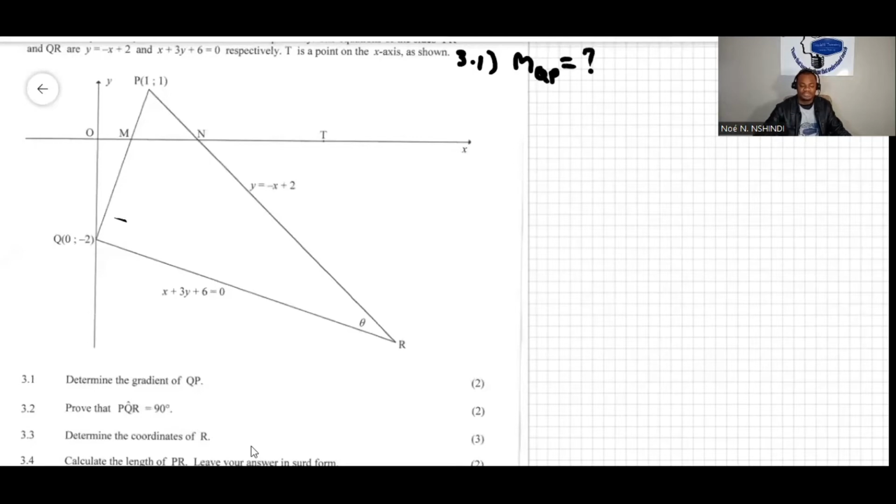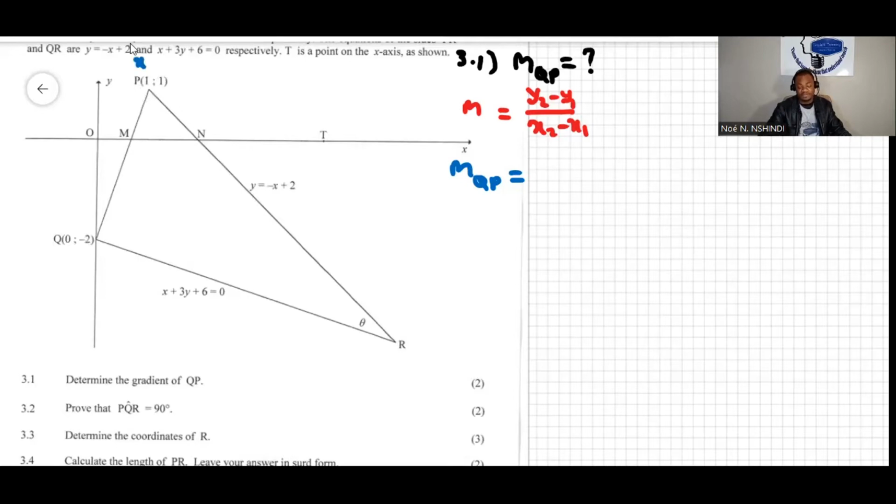We do know by definition that the gradient is the change of y over the change of x. So it's y2 minus y1 over x2 minus x1. Now we're going to write over here that mQP will be equal to, then I'm going to look at the points Q and P. This is the x coordinate.